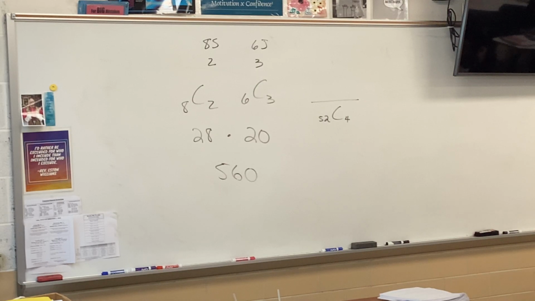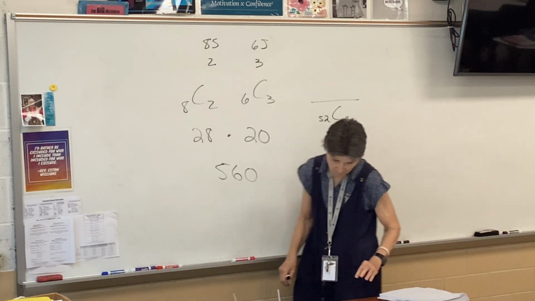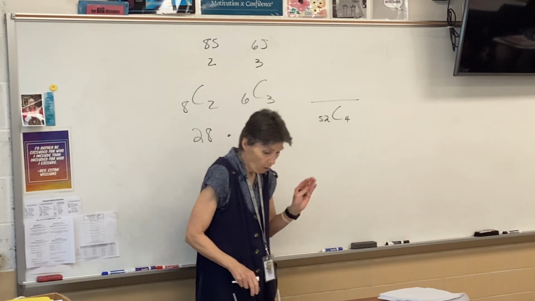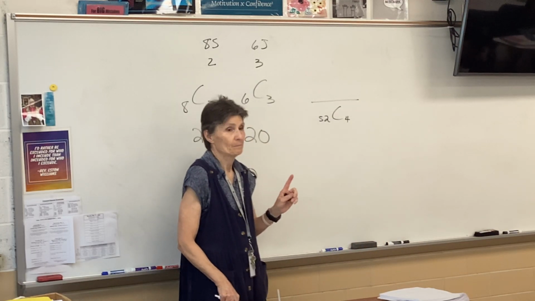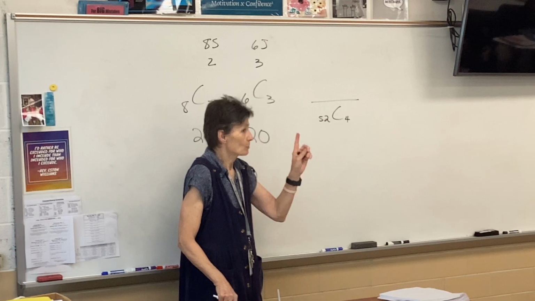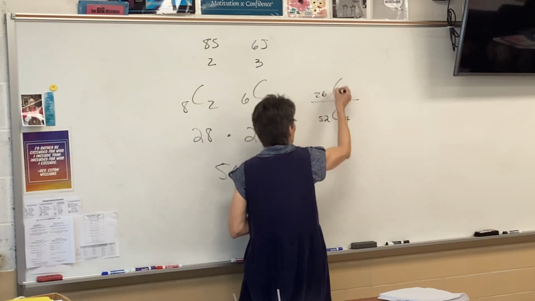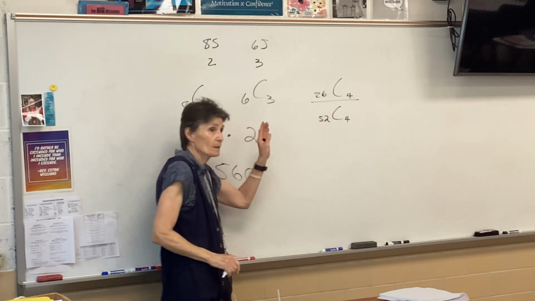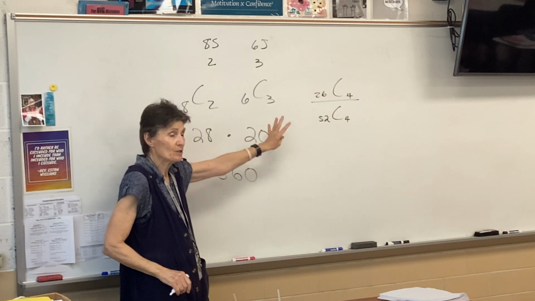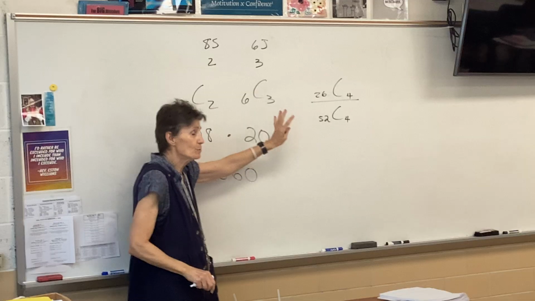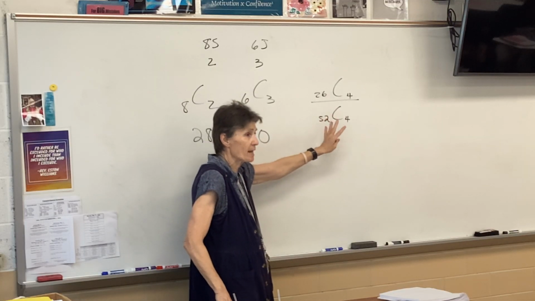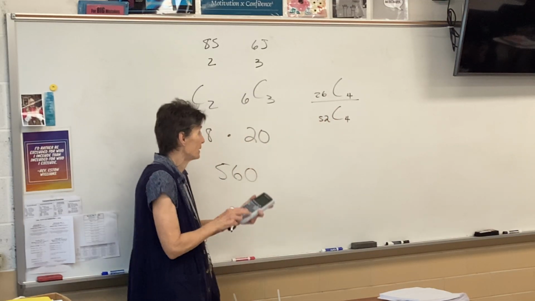How many total am I choosing? 4. 52C4, that's my denominator. Now the numerator is what I want. So I want all red. There's 26 reds, and I want 4 of them. These do not reduce, okay? Do not try to reduce this, you can't. The only thing you can do is type it in.